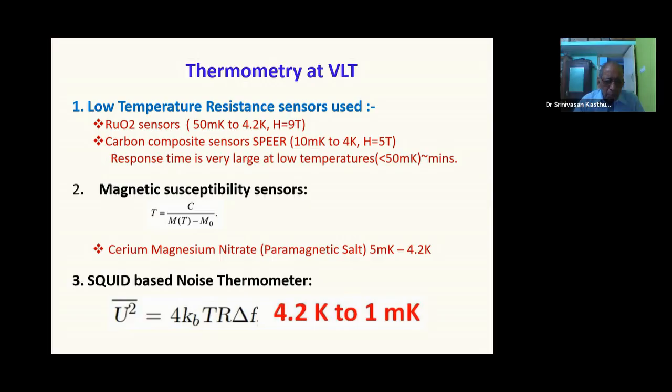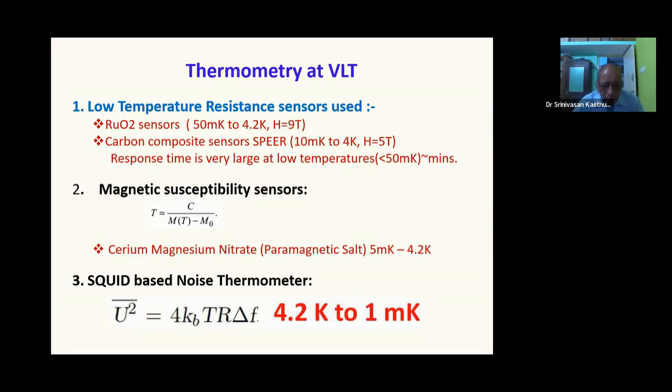The magnetic susceptibility at a temperature T minus the magnetic susceptibility at a standard temperature is equal to C divided by T. So using this relation, one can obtain the magnetic susceptibility values and can extrapolate to get the temperature.